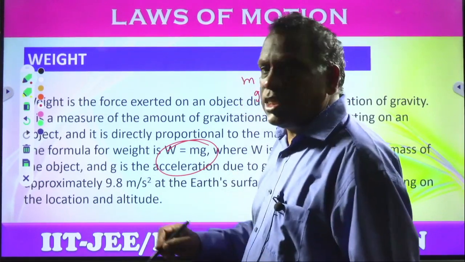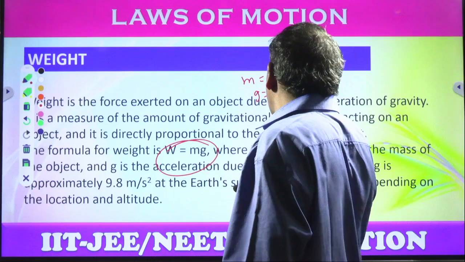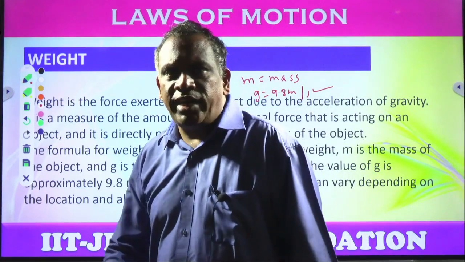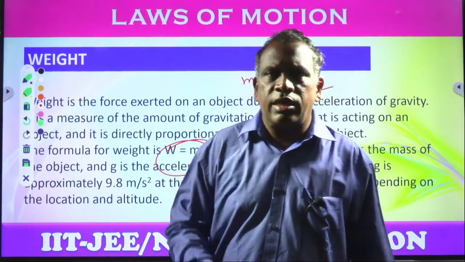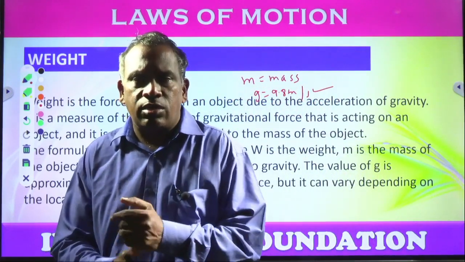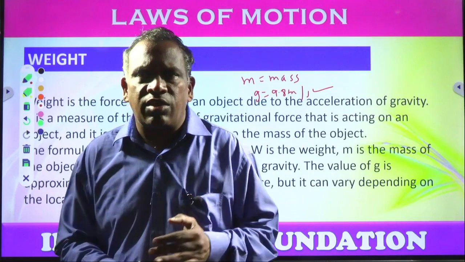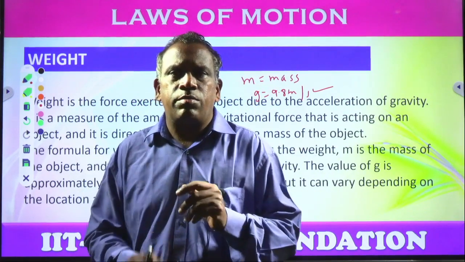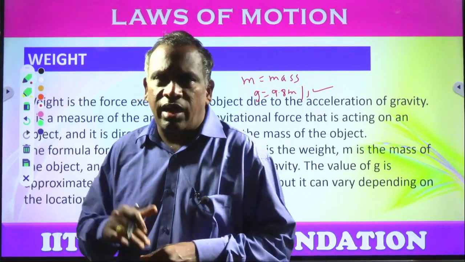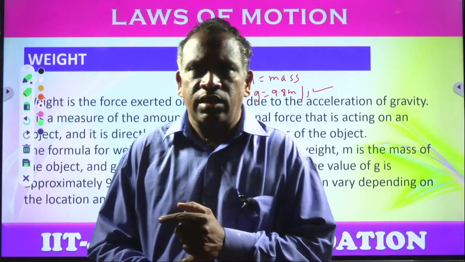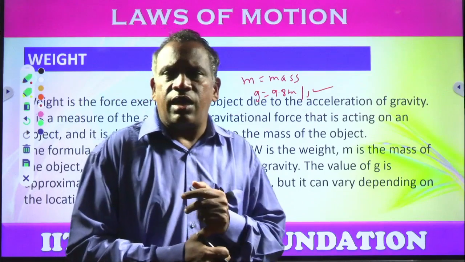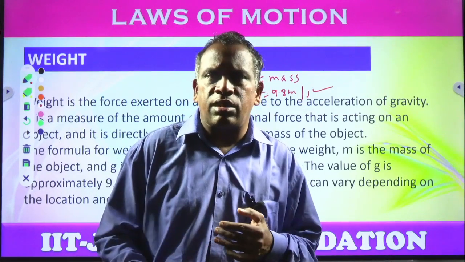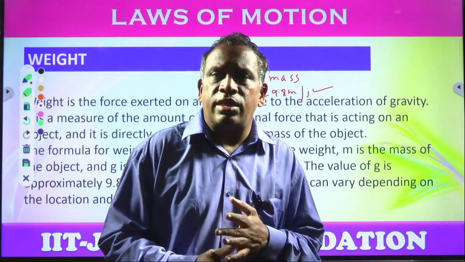The value of g changes from place to place. The weight is also a vector quantity. So weight depends upon acceleration due to gravity. If gravity changes, weight also changes. If you compare the surface of the earth and the surface of the moon, there will be 1/6 of the weight on the surface of the moon, because the acceleration due to gravity on the moon is 1/6 times that on the earth.